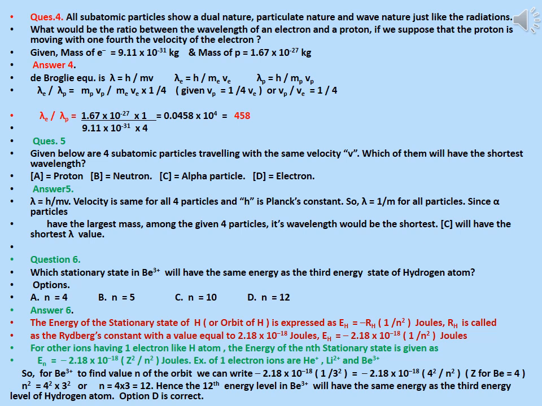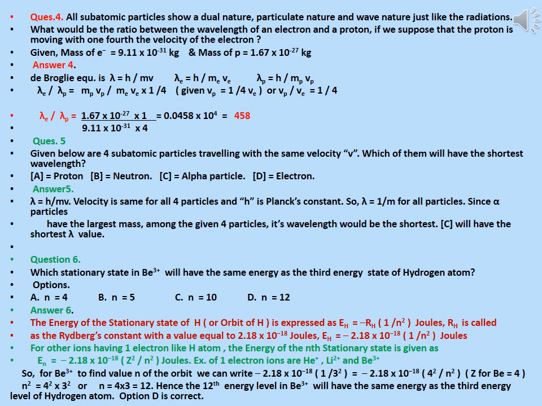Now, coming to the question, what would be the ratio between the wavelength of an electron and a proton if we suppose that the proton is moving with 1/4 the velocity of the electron? Given mass of electron is 9.11 into 10 power minus 31 kilogram and mass of proton is 1.67 into 10 power minus 27 kilogram.